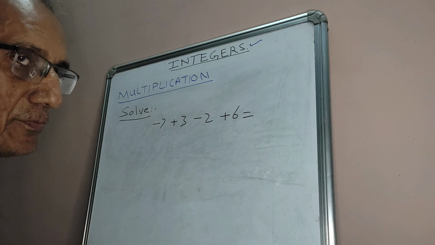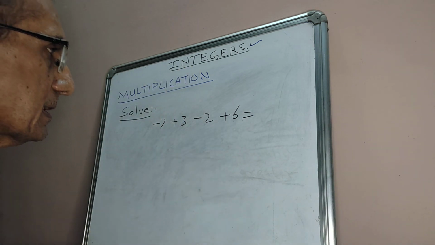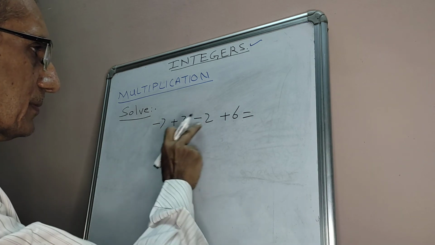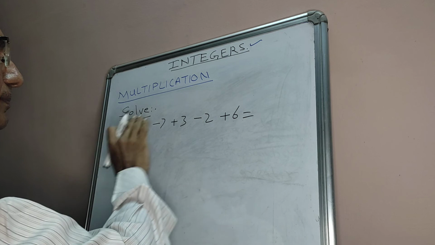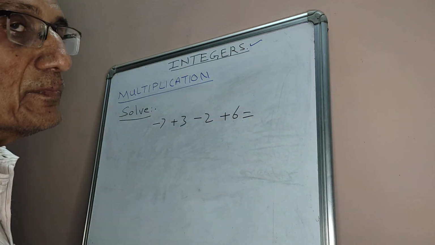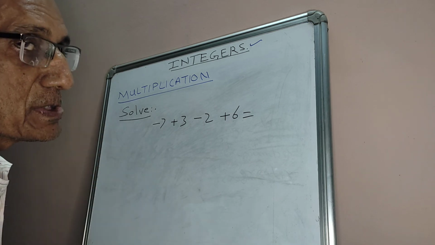How do we do it? This is not multiplication, but addition and subtraction. What did we do under addition and subtraction? I told you the two rules.